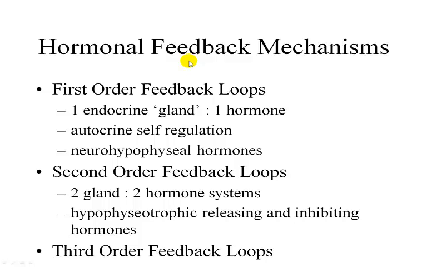Is it hormone 3 on hormone 2, hormone 3 on hormone 1, or should it be hormone 2 on gland 1, hormone 3 on gland 2, what is it? So that's the game we're playing here. So the feedback mechanisms can be positive or negative feedback. Feedback is just a type of regulation. Feed forward is hormone 1 stimulating hormone 2 stimulating hormone 3. Now we're talking about feedback, and it can be positive or negative.